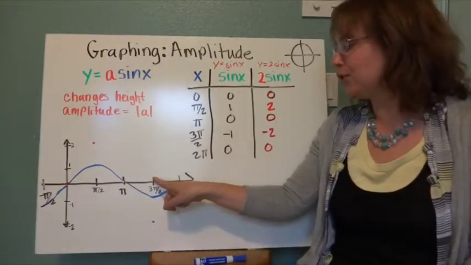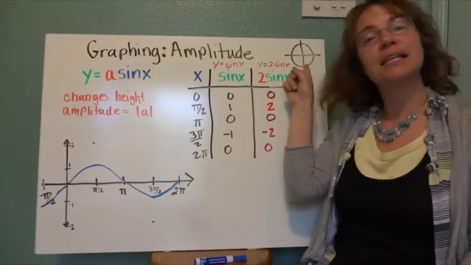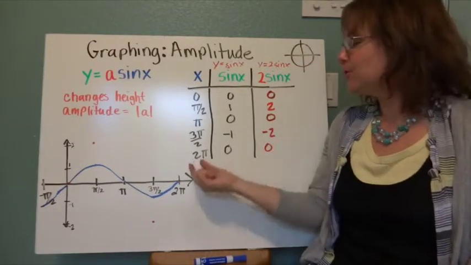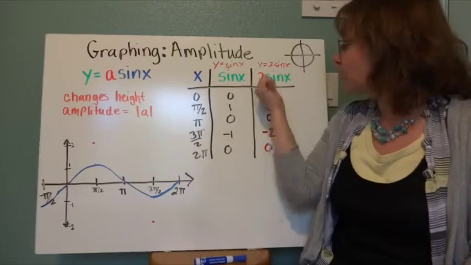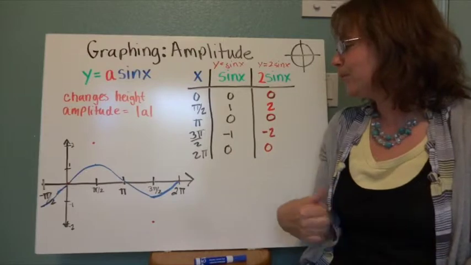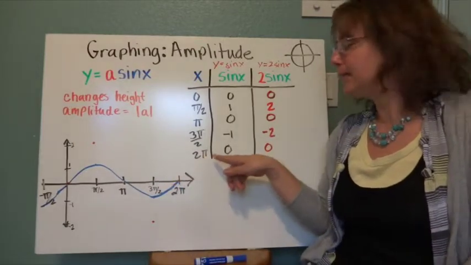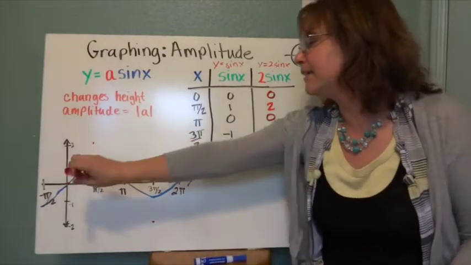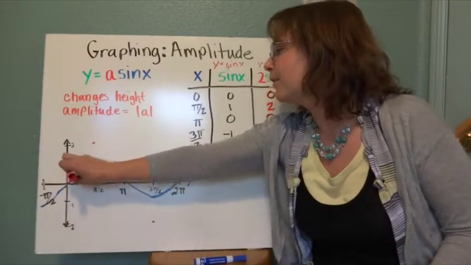At 3 pi over 2, I notice my sine function is going to be negative 1. So sine of 3 pi over 2 is going to just give me a negative 1. Multiply by 2 in my y equals 2 sine of x, and I have a negative 2. At 2 pi, I'm back at 0 on both of those graphs. So this amplitude, we can see it visually in the graph.